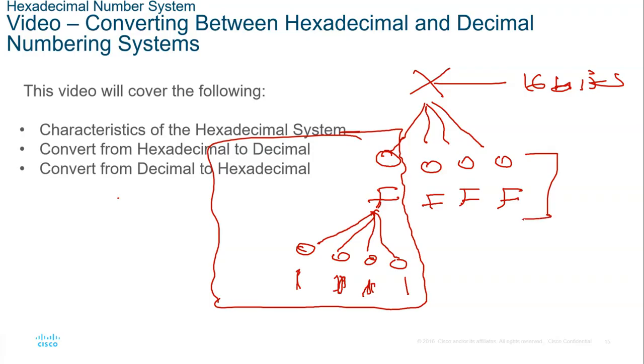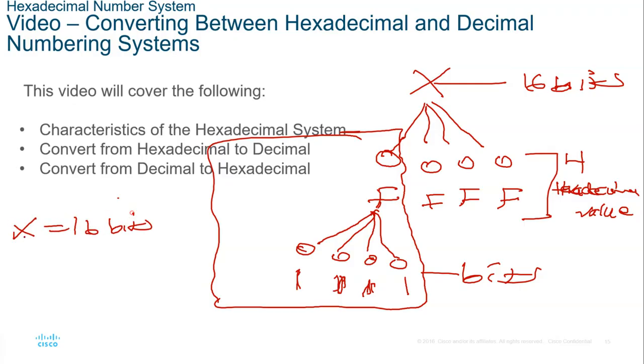So here we have 4 hexadecimal values, and each hexadecimal value has bits from 0 up to 1. So when you total, each X is equivalent to 16 bits, and the X's total to 8. So it will be 8 times 16 bits, giving us 128.